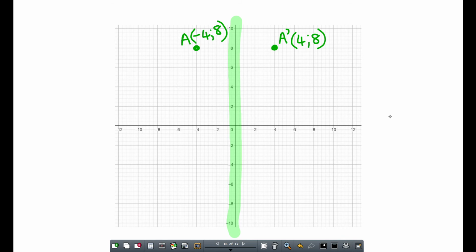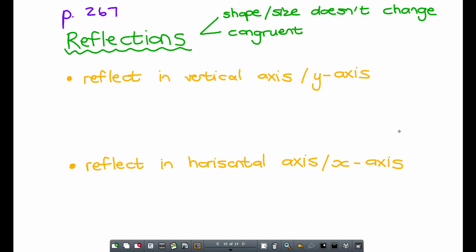Okay, so let's just quickly write that down. Reflect in the y-axis means the y values stay the same.